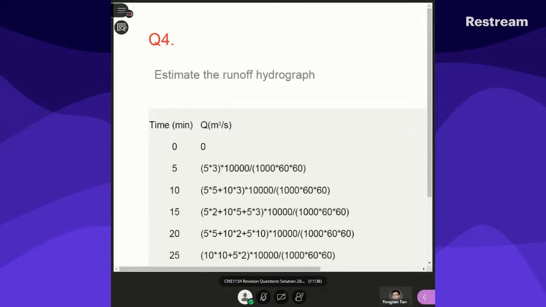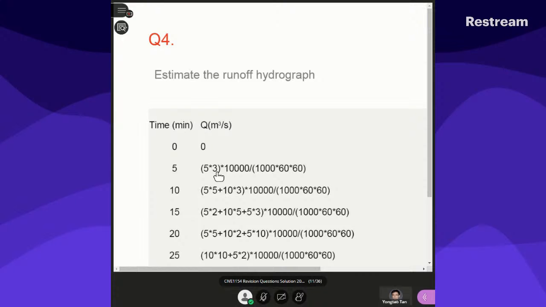Let me see the intensity. The intensity is 5, so it means 5 times 3, and of course you need to convert the units. 5 is the intensity and 3 is the contributing area, 3 hectares.